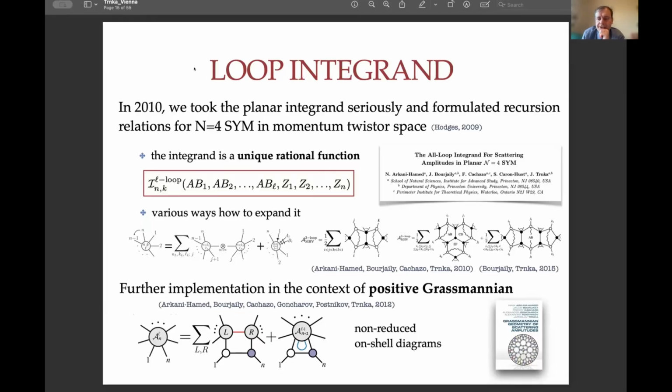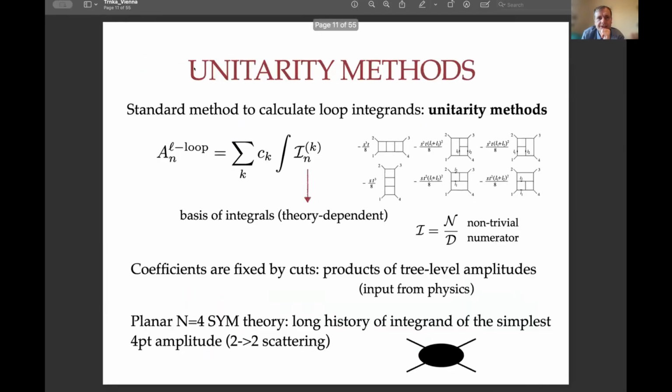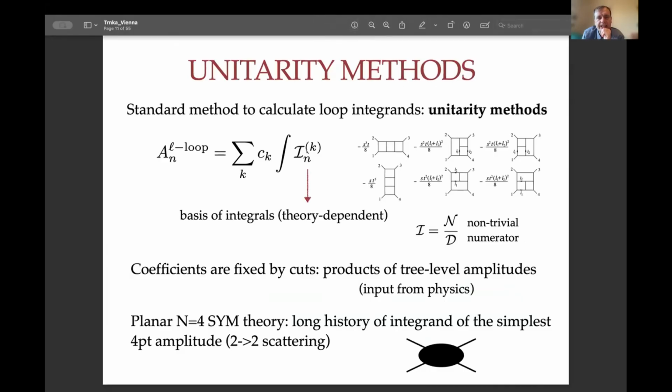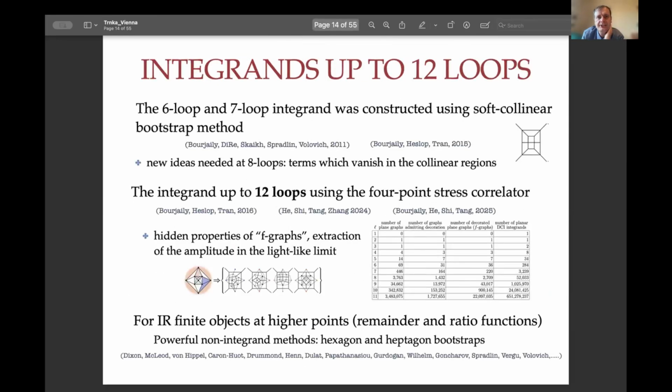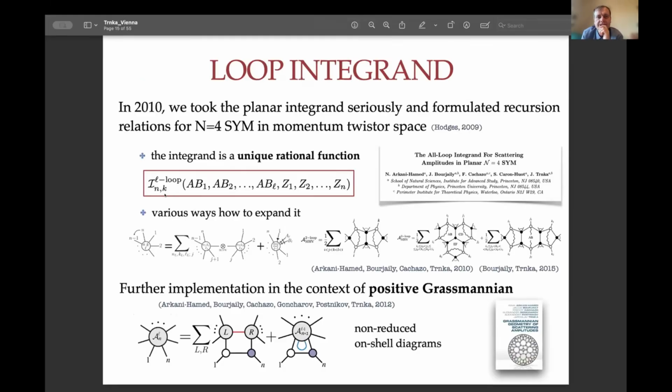Okay, but now we will focus on the integrand, from the point of view of it being a single rational function. Even in these unitarity methods, these integrands for individual diagrams were really supposed to be integrated and not summed up. But for planar N=4, or in general in planar theories, there is a reason to flip the integration sign and the summation and talk about a single rational function that needs to be integrated afterwards.